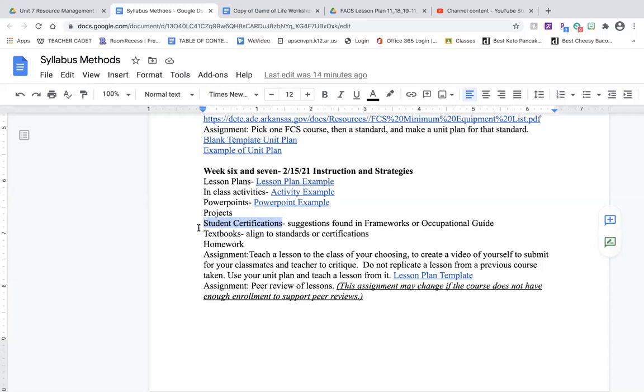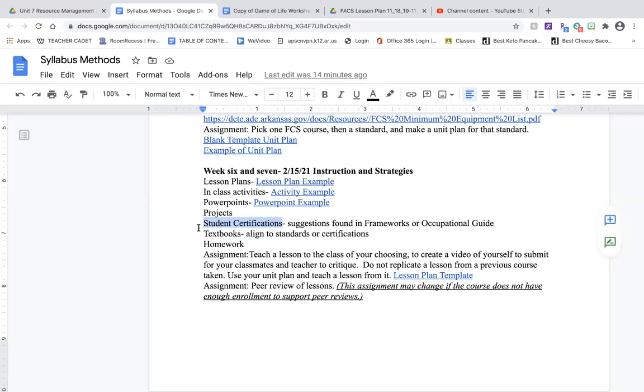Those are used to gauge how much information students have learned in their core subjects class, and that can be used to help the teacher know if they're doing a good job teaching, are students learning, are they retaining this information.